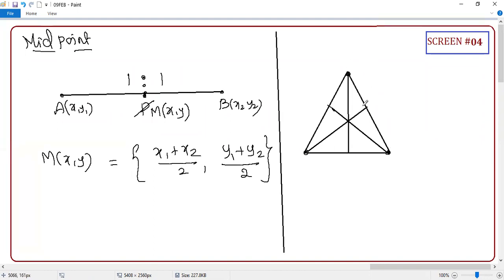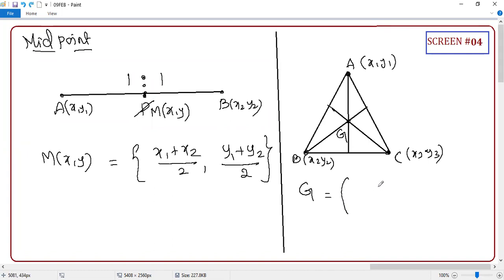All I'm going to say is, if I ask what is centroid, the formula will be centroid always for the triangle, with points x1 y1, x2 y2, and x3 y3. In your physics you might learn, this is basically the center of gravity.